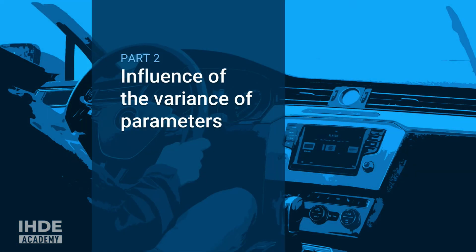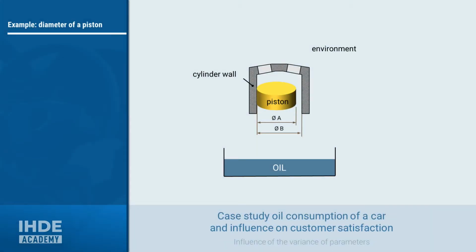When we talk about deviations, we also have to talk about which changes can lead to such deviations. And that's what this chapter is about. Let's go back to the example of the engine and its oil consumption.